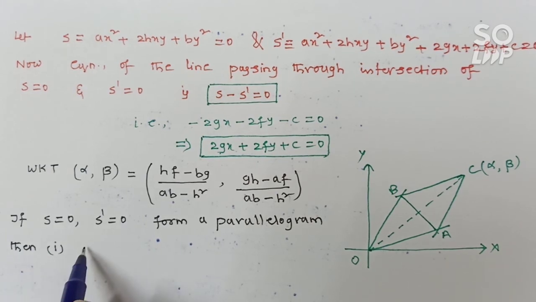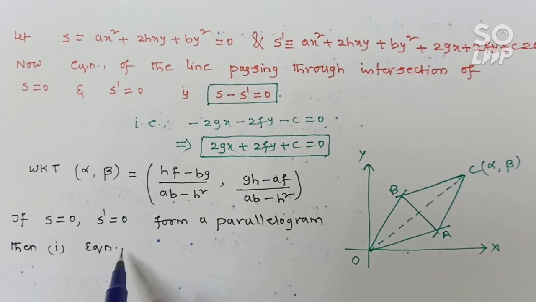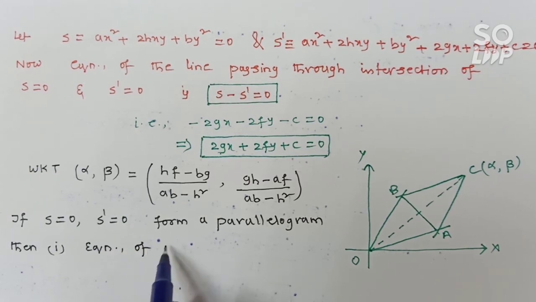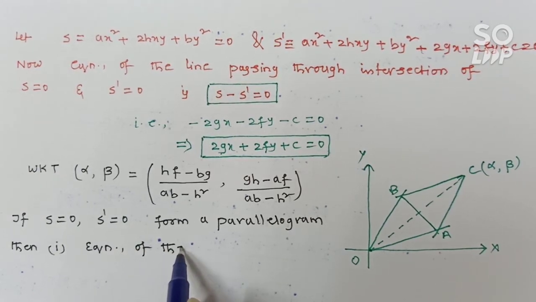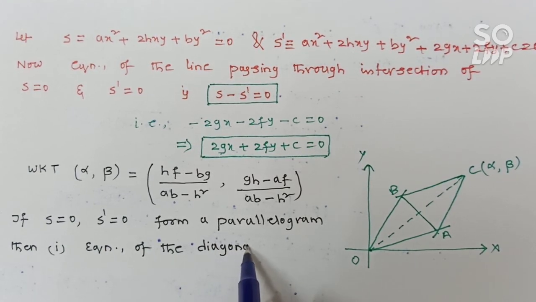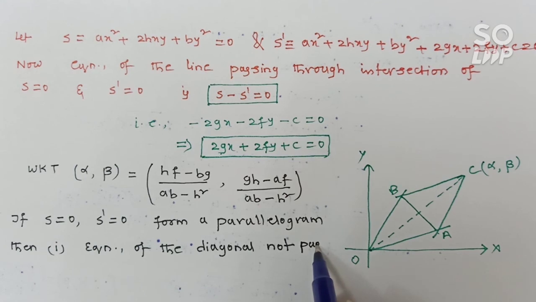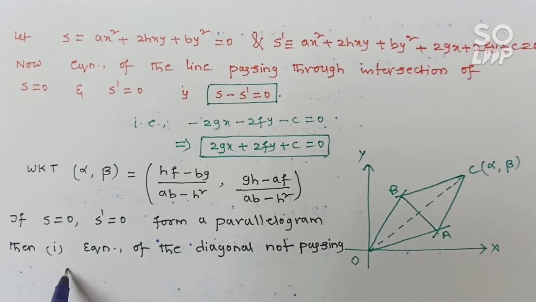First point, the equation of the diagonal not passing through origin.